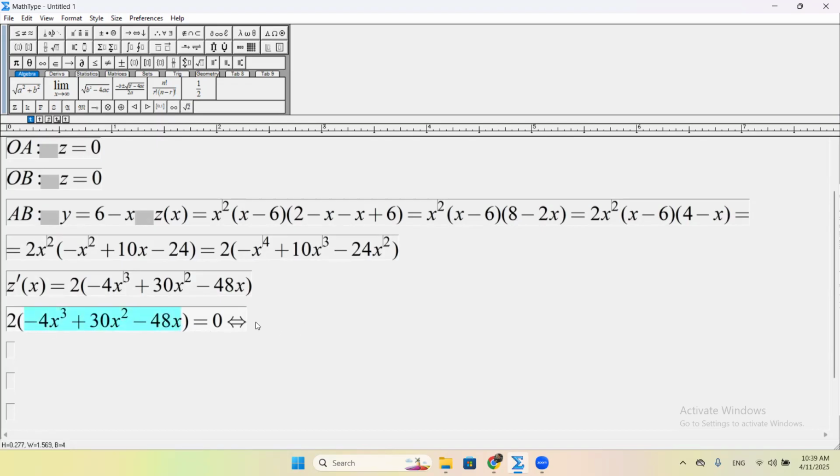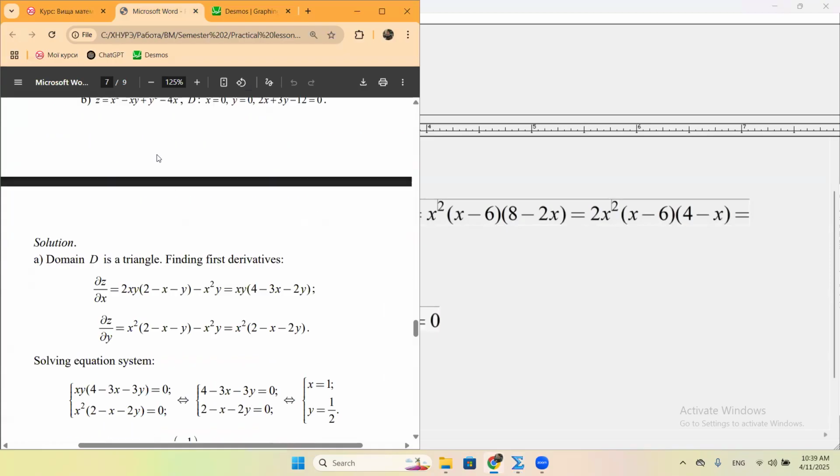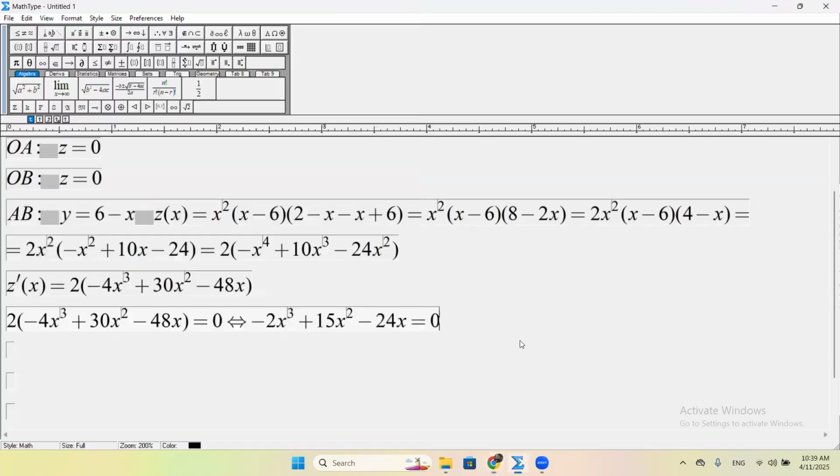Yeah. So now let's continue. We can simplify it a little bit. So it will be equal 0. And by the way, we can move x out of brackets.